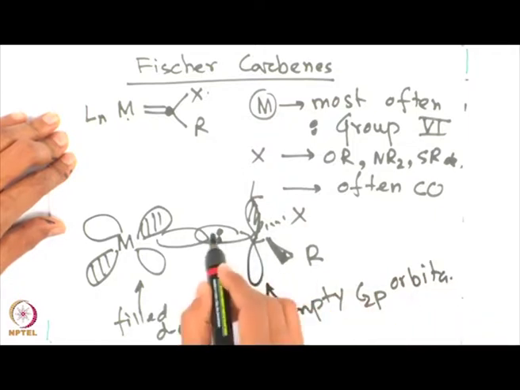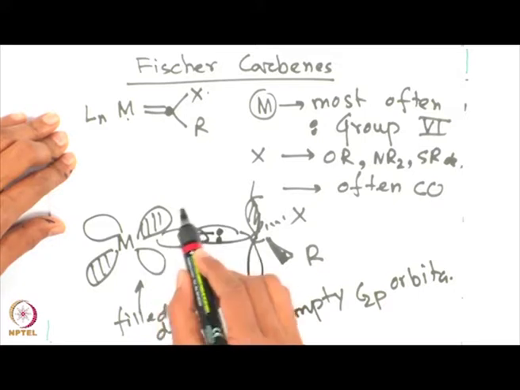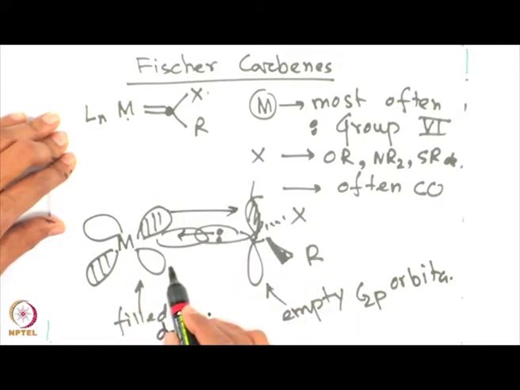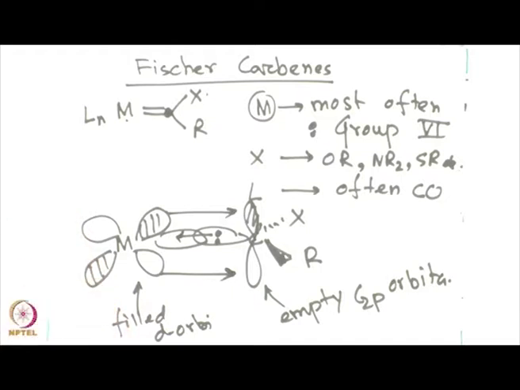Overall, then you have the donation from this lone pair of carbene, and the filled d orbital can give electrons to the empty C2p orbital. That is the interesting part: you have carbene 2 electrons given into the metal orbitals, and metal d orbitals interacting with the empty C2p orbital.